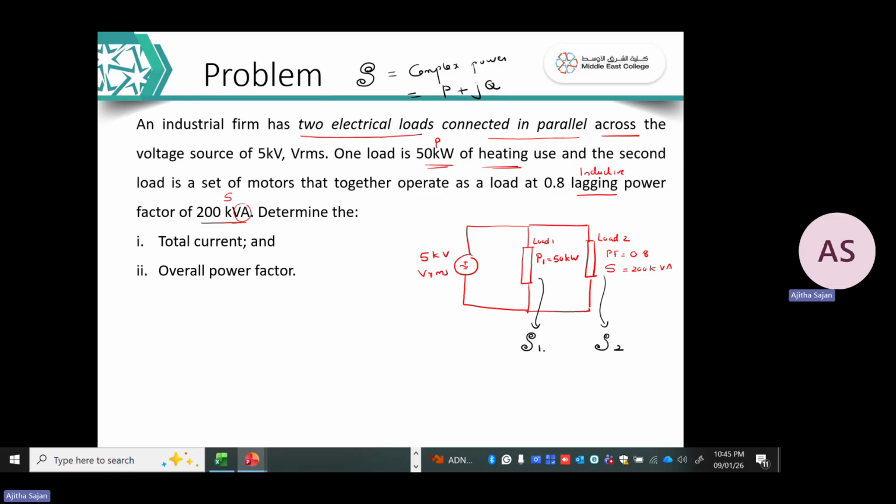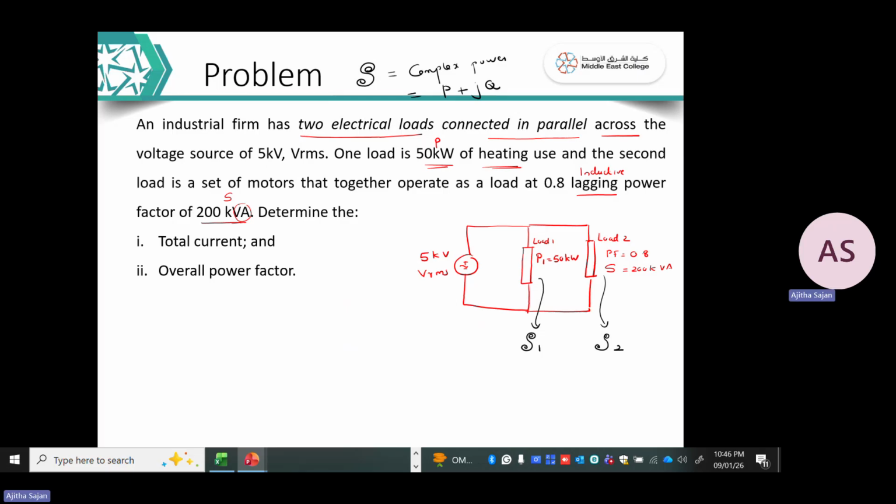Understand that when you add S1 plus S2, you will get the total power. Once you get the total power, it is easy for you. Voltage is there, and power is V into I, so it is easy to calculate the current. That will be the total current, and the power factor you can also get from there.